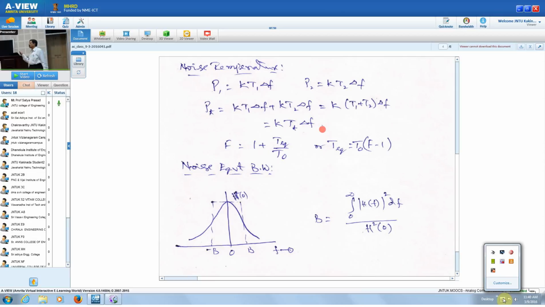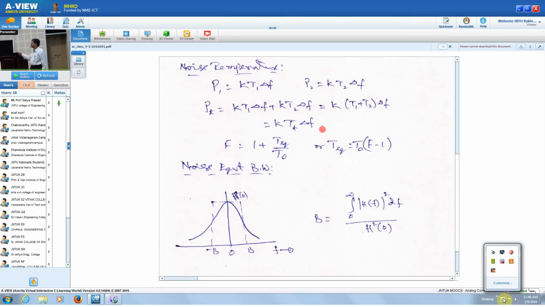Therefore, if the noise figure changes from 1 to 10, the noise temperature may change from 1 to 50 or 1 to 100. Which one will be better to have a resolution? This gives a better resolution to compare, compared to the noise figure.